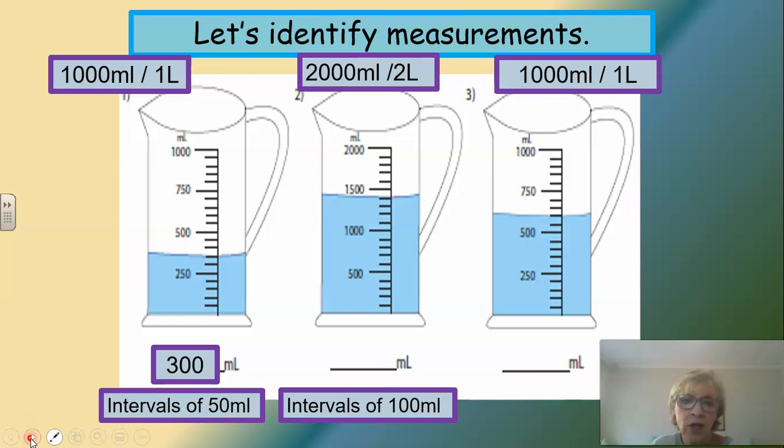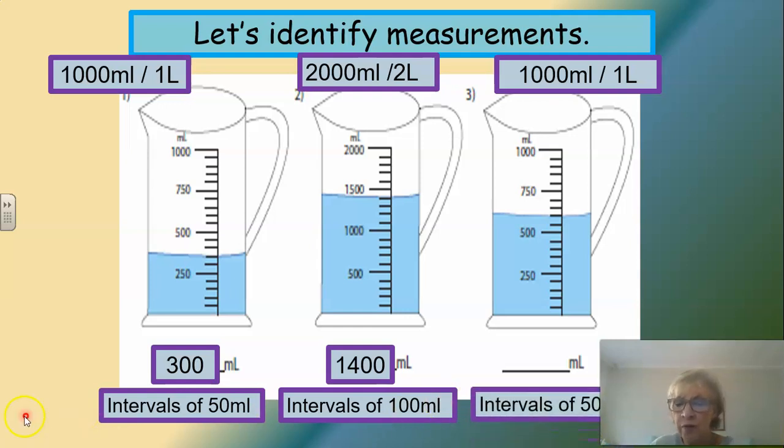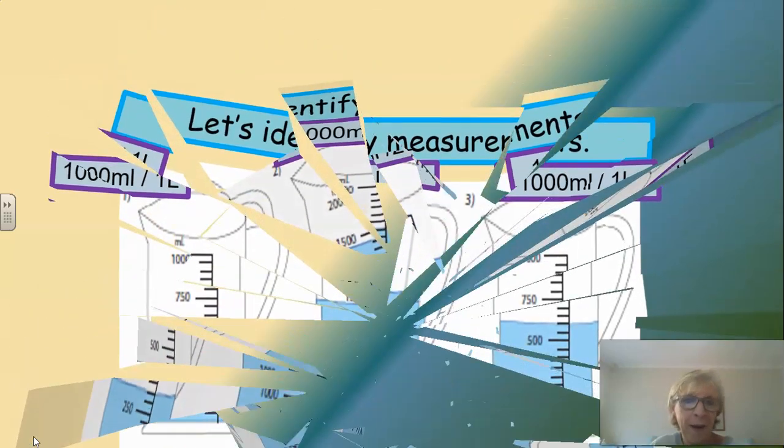All right, so if we count and jump up from the bottom of the jug, we can see that that jug at the moment is holding 1,400 milliliters, or 1 liter, 400 milliliters. And the last one is also jumping in intervals of 50 milliliters, and that jug there is holding 600 milliliters.